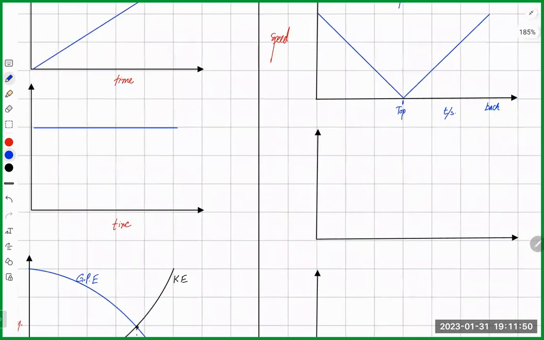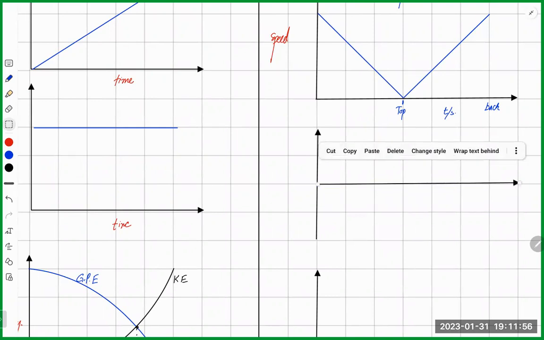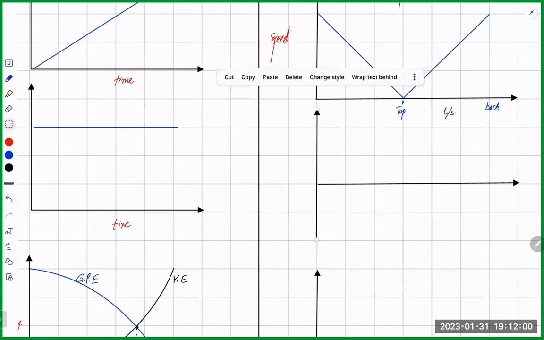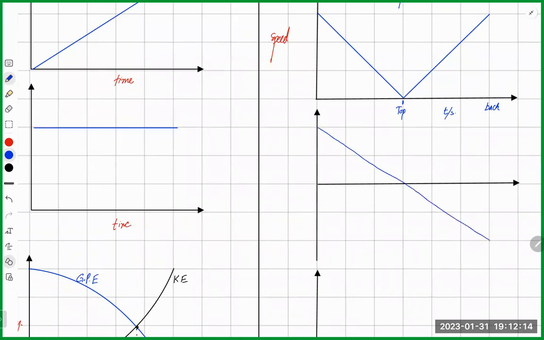Now, what about velocity? Velocity is speed in a particular direction. So what happens to velocity? While the object is going up, velocity decreases, and when it is coming down, velocity increases in the opposite direction.